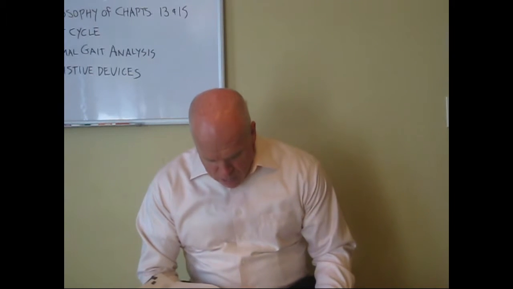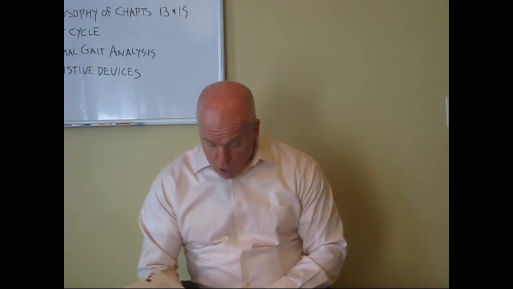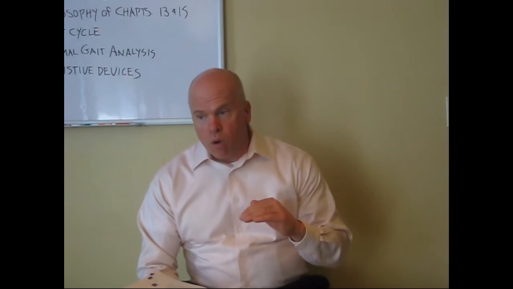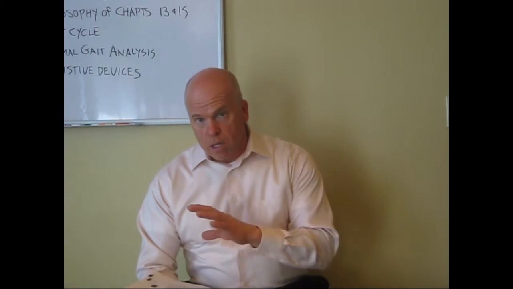So in table 13-15, they describe four classes of station and gait disorders. And these are a progressive classification system, beginning with low levels of permanent impairment to almost complete loss of the ability to ambulate at all.